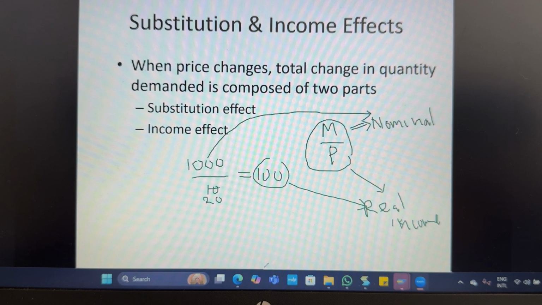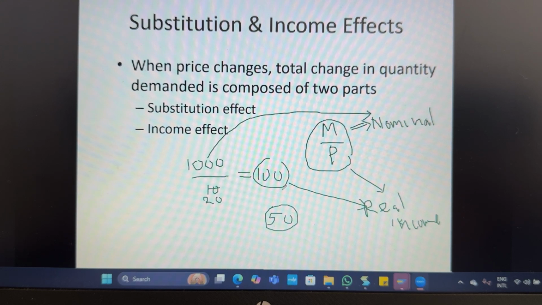Because you are getting the same income as the previous month, but this month when you go to the market, you realize that the price became double. It's reduced. Earlier it was 100, now it is 50. This tells something about your cost of living.